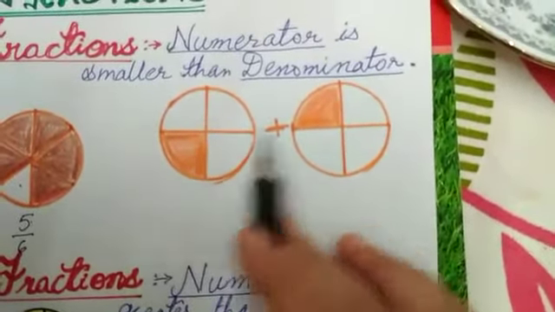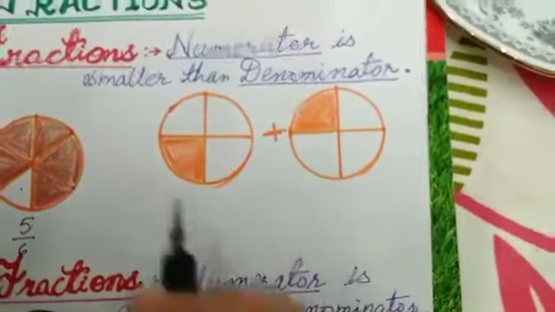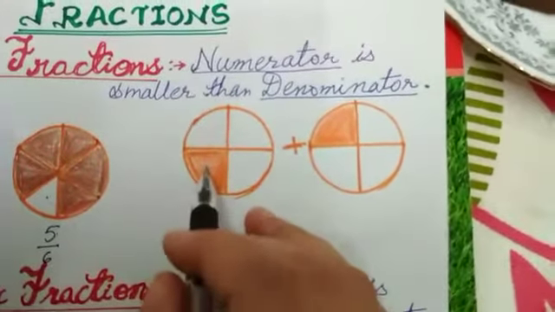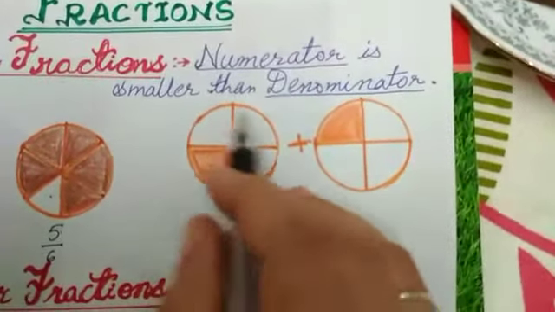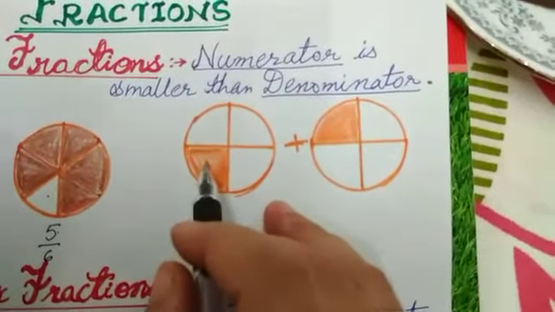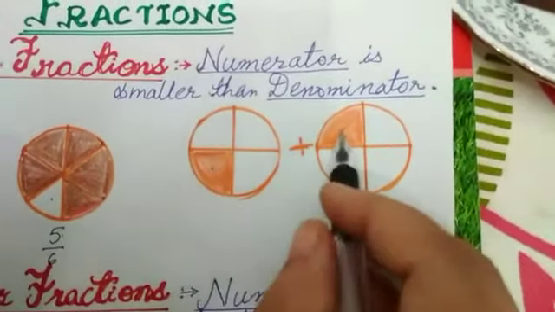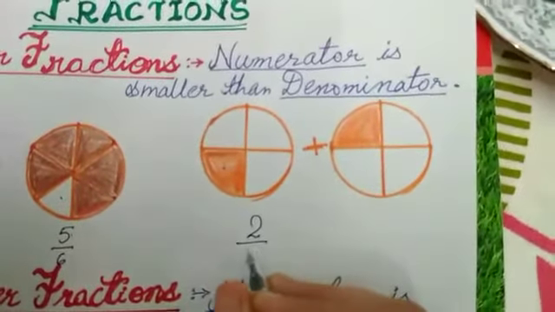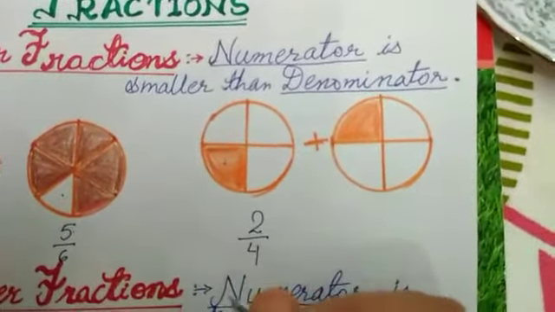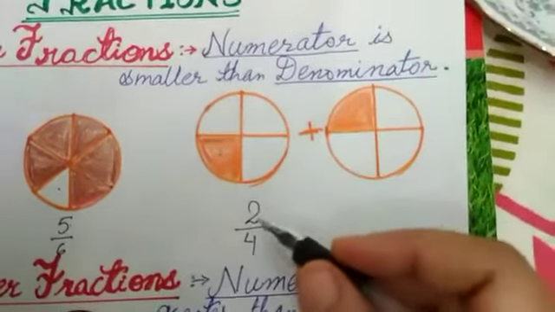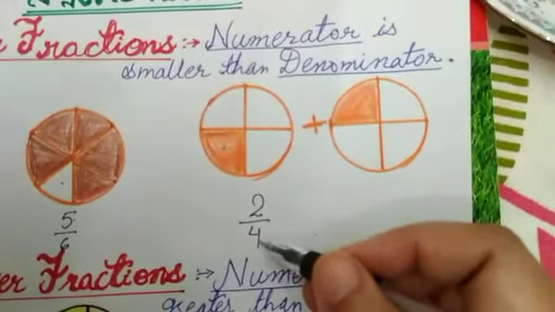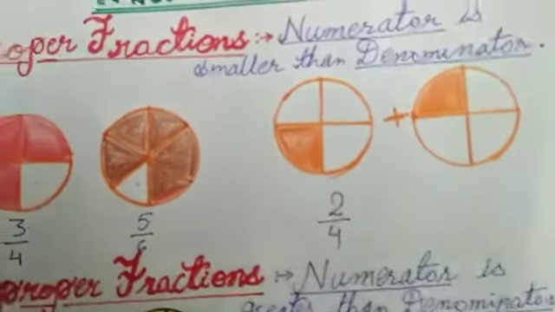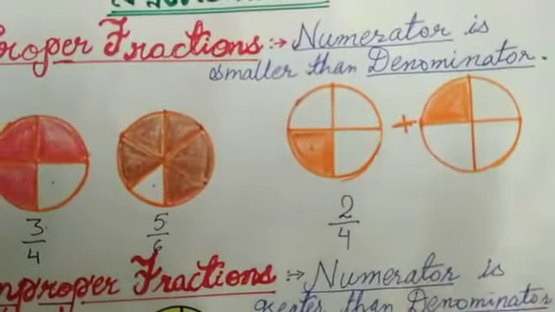How many are you having in total? 2 parts. But 2 of what? 1 piece represents how much of the total pizza? 1/4. So 1/4 here, 1/4 here. Total 4 of same size and shape. You are having 2 from 4. So still my numerator is smaller than denominator. So these all are examples of proper fractions.